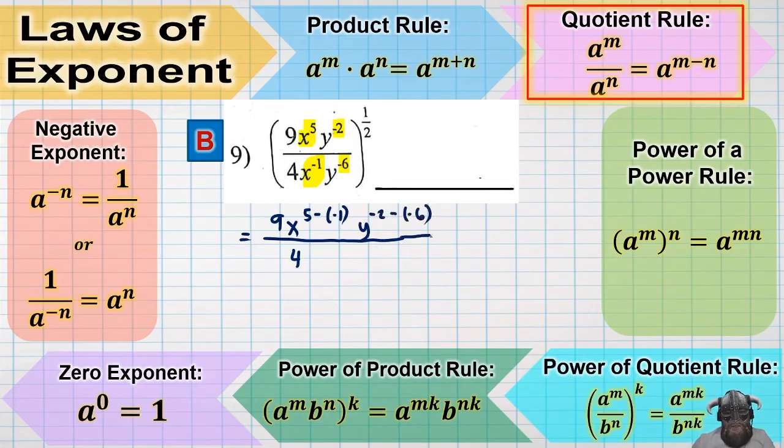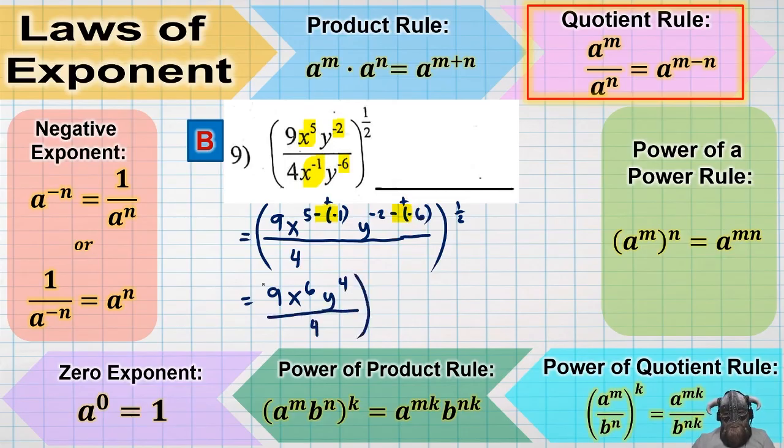Yan. And don't forget, all of them are still raised to 1 half. So, in this case, we'll be having 9 x raised to, yan, minus negative, magiging plus. So, ang exponent ni x ay 6. And then, for y, ito ay magiging plus. Minus negative, magiging plus yan. So, negative 2 plus 6 will be positive 4 all over 4.